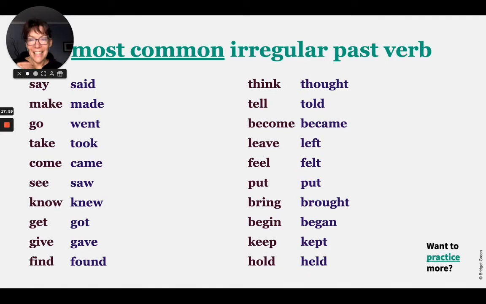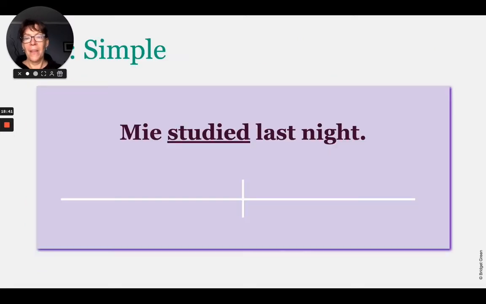As we said, there is said, made, went, took, came, saw, knew, got, gave, found, thought, told, became, left, felt, put, brought, began, kept, and held. Good job. Right, those are the most common irregular past tense verbs.